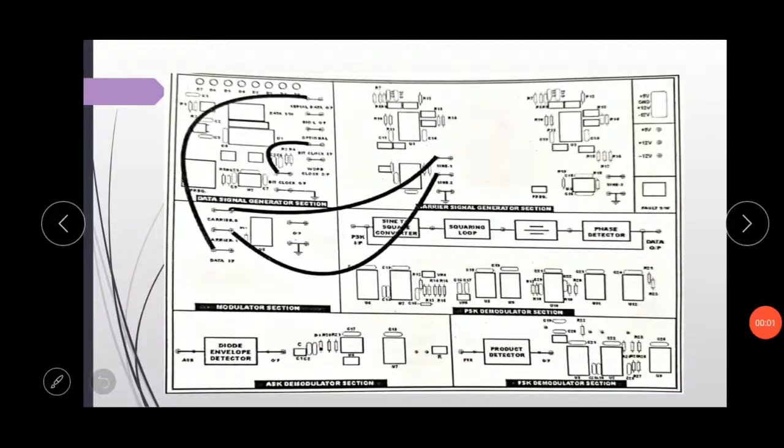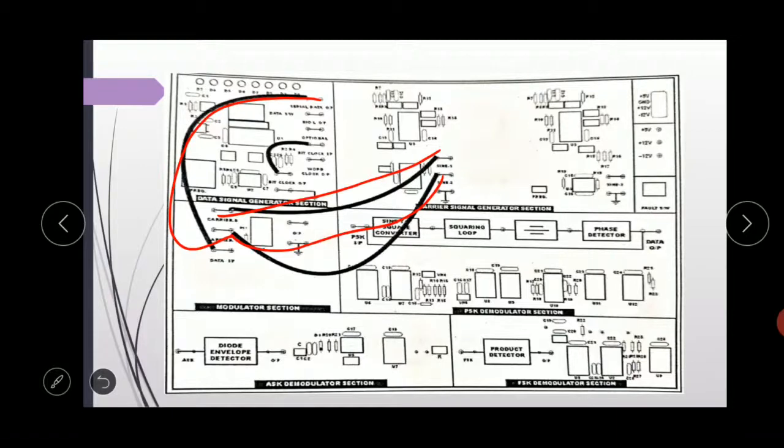This is the connection diagram of the PSK modulator. Here we give the input digital data and we use two carrier waves. One is without any phase shift, and the other has a 180 degree phase shift.